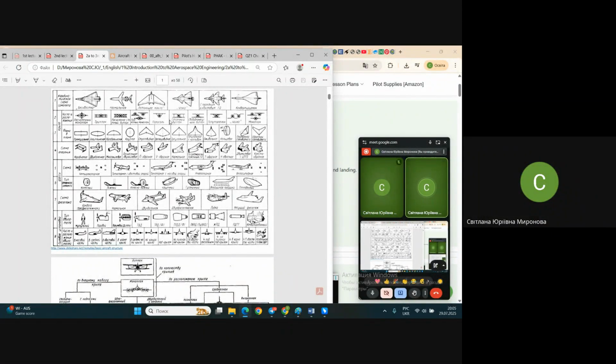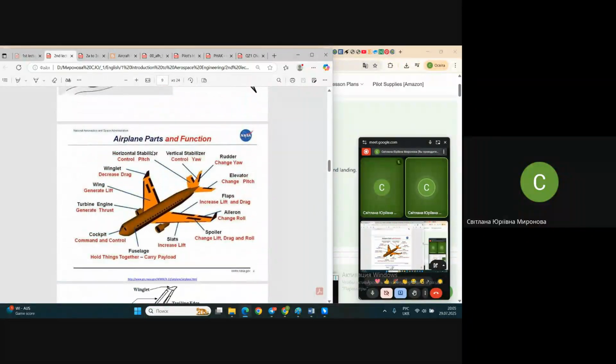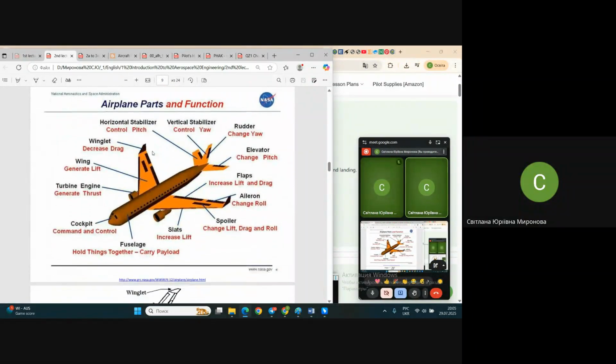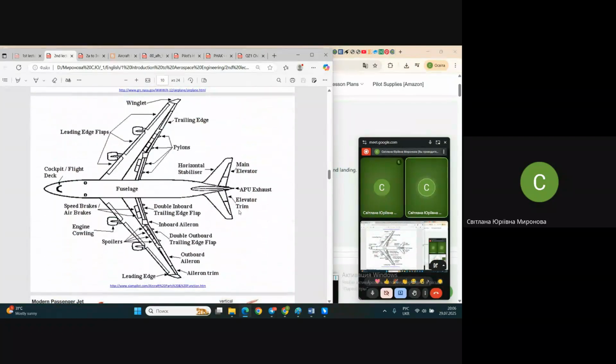Right now, we will come back to the slides that we have already seen, and it shows us airplane aggregates, actually, not airplane parts. And once again, it comes about the general arrangement of airplane.